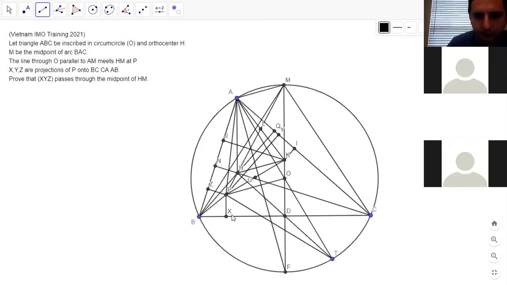Okay, so that means that we know that PX bisects angle ZXY, right? And from there we know, and then that proves that P and K are isogonal conjugates. Yeah.